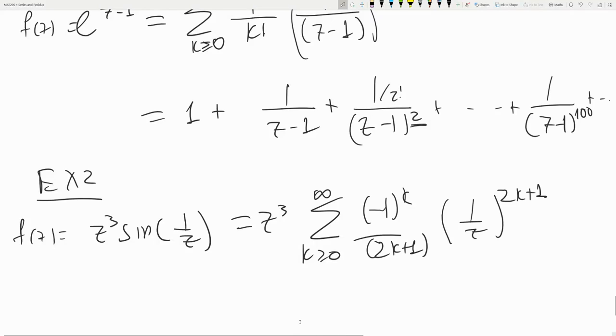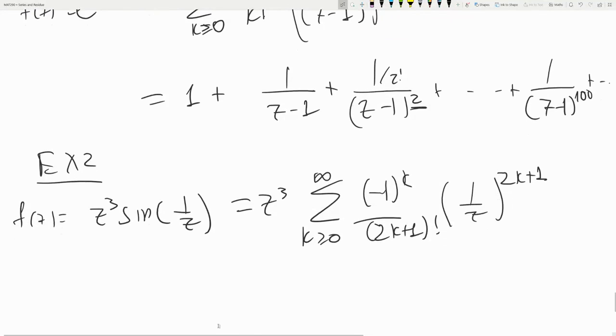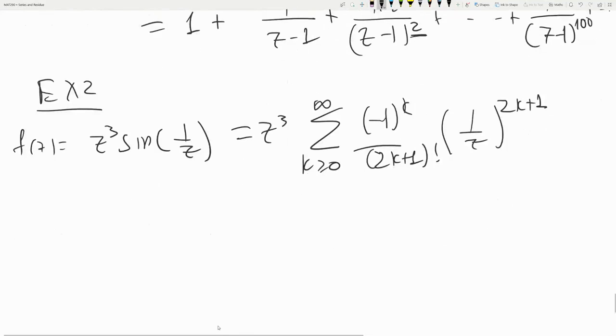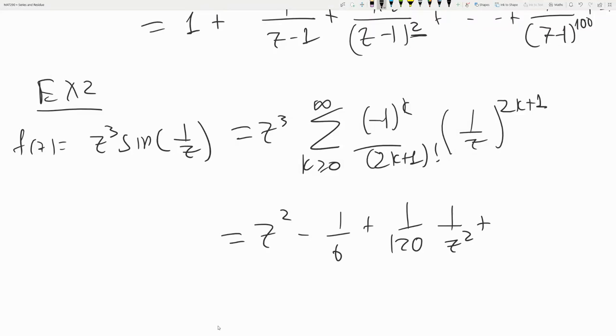So let's bring in the cubic term. So I can just write down the series. So z cubed minus 1 over 6, plus 1 over 120 z squared, and so on.